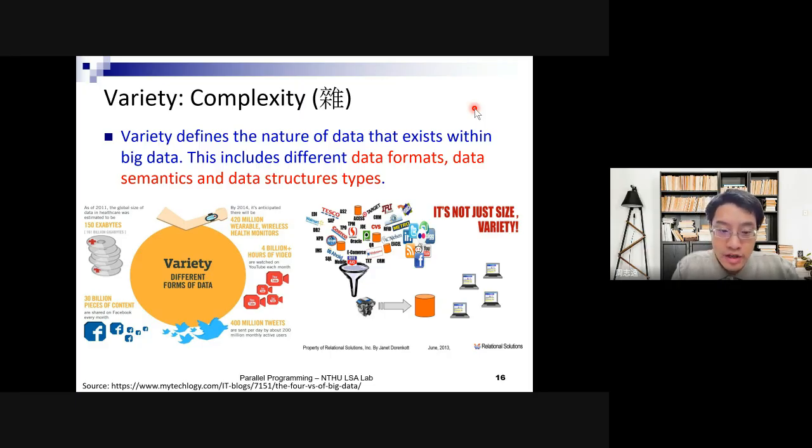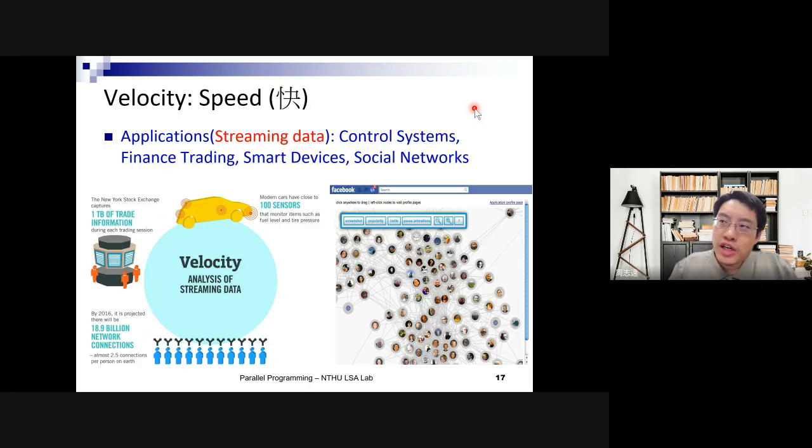That's why tools like Hadoop and Spark were developed, instead of traditional tools like databases. Without this, it's hard to accumulate your data and hard to explore new value from the data.